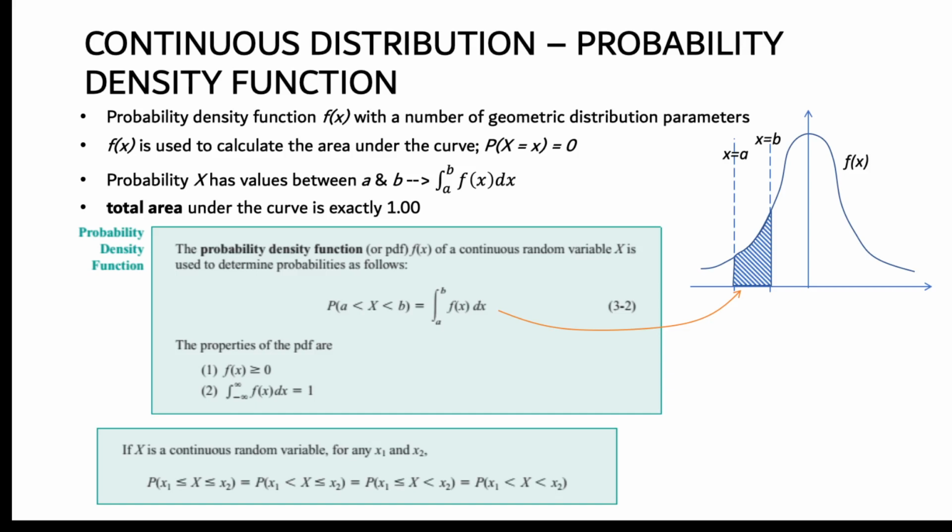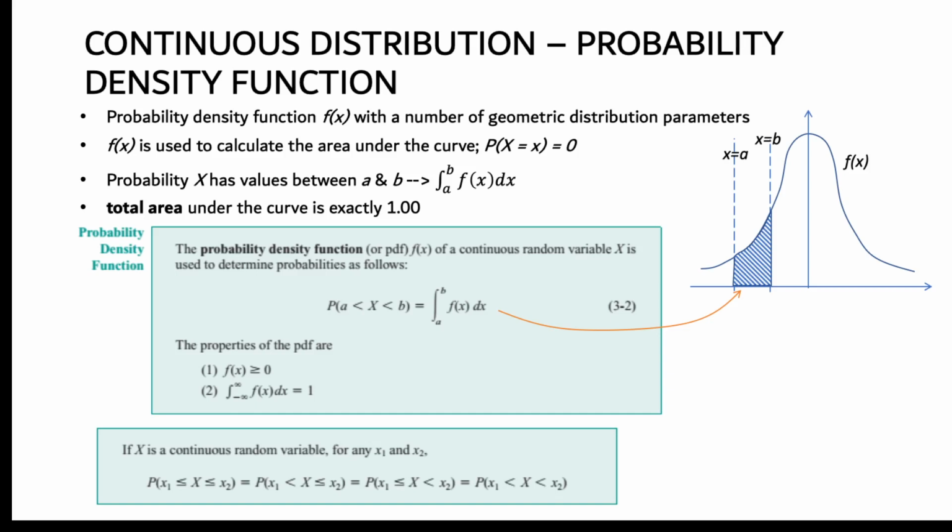We cannot read the probability value directly from this curve, but we must integrate the PDF function f(x) within certain limits. For example, the probability of a random variable x being between a and b is the integral of f(x) dx with the integral limits a to b.